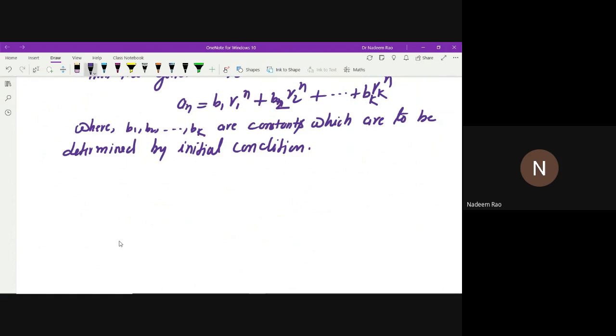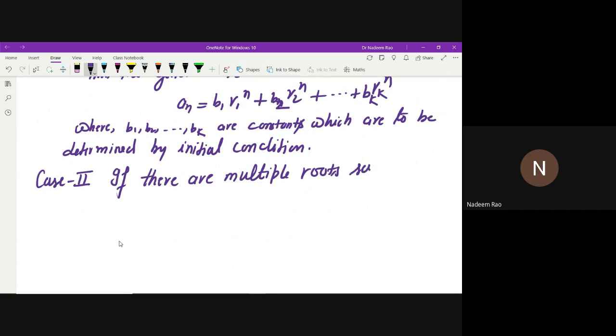What about case second? If there are multiple roots, say r1 equals r2 equals r3, and r4 is distinct.